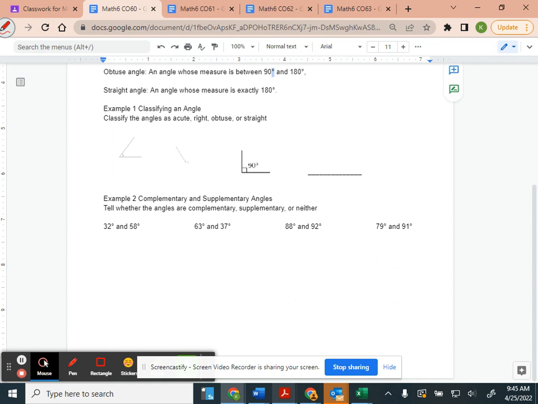Landon? Complementary, look up at the top of your page, equals 90 degrees. So if it's supplementary, what does it equal? 180 degrees.